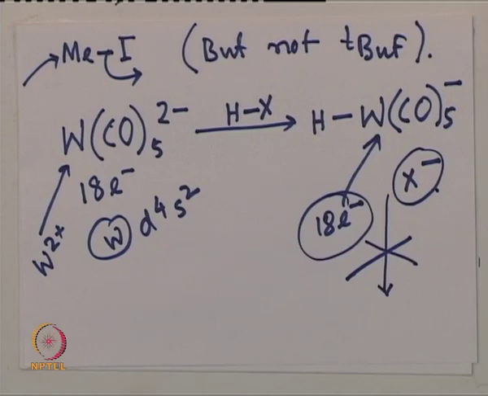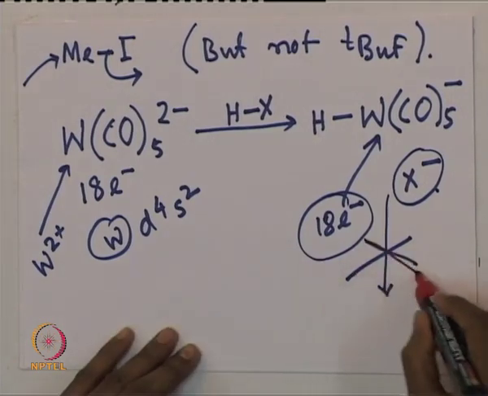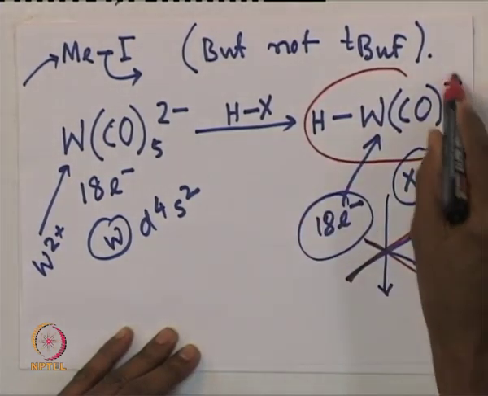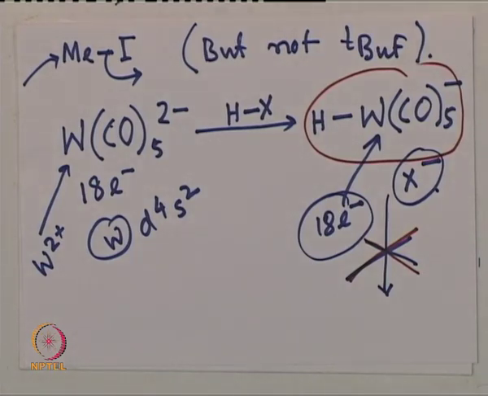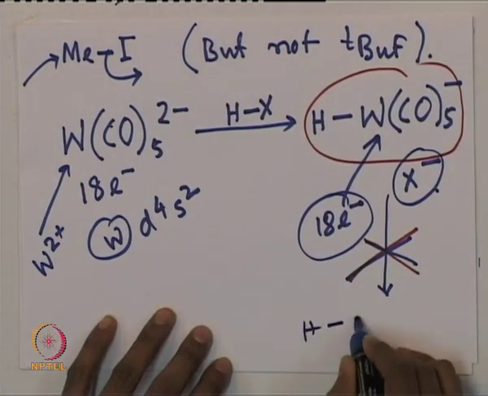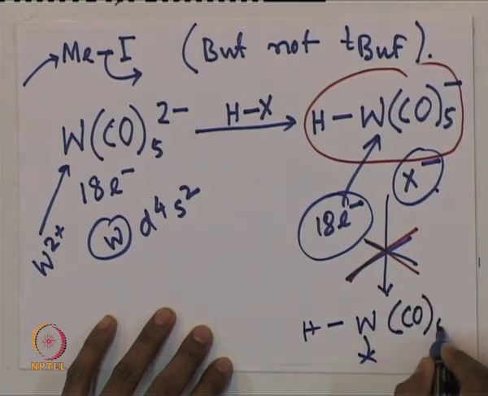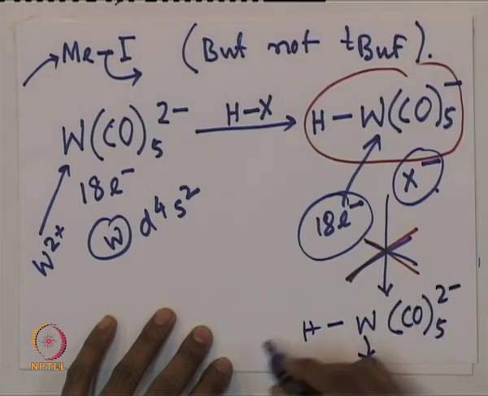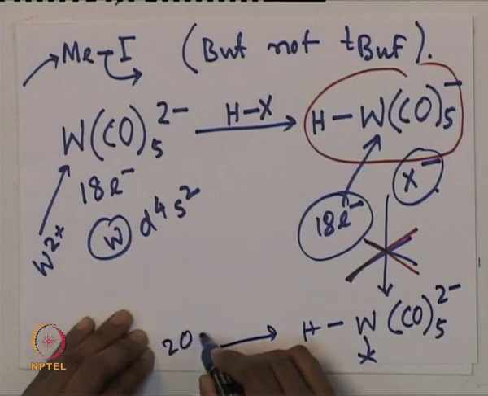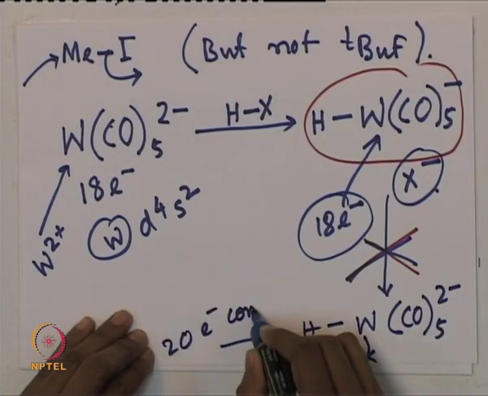So overall, the final species one may expect is this one, but this is not going to happen because it is going to be a 20 electron complex.